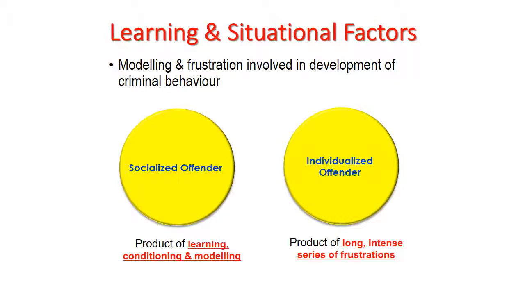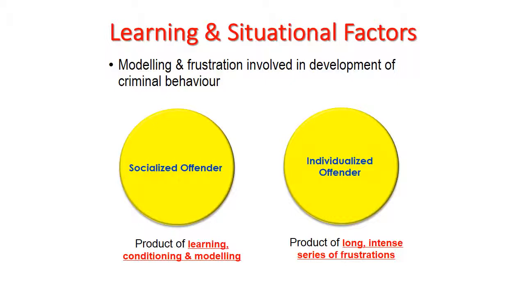Modeling behaviors usually results in someone learning deviant behaviors through the process of conditioning, specifically operant conditioning and modeling. And this results in the socialized offender who learns his behaviors by observing the people around him.